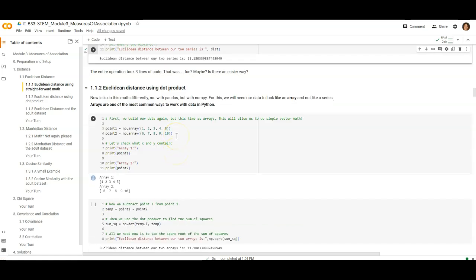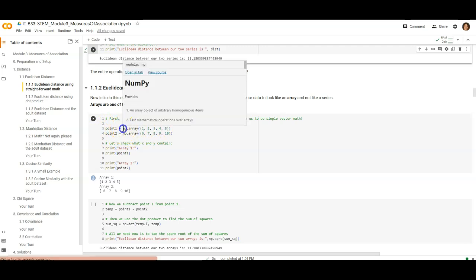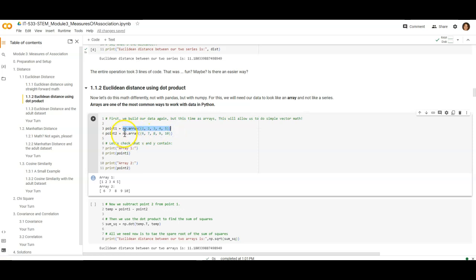So another way of achieving the same thing is to use the dot product between two arrays. Dot product is going to eventually lead us towards cosine similarity, which is why we're looking at it here already. Good, we have the same thing. We have our point 1, our point 2, same kind of series, only that this time we're setting these up as numpy arrays.